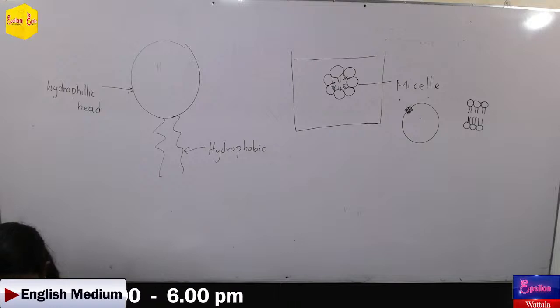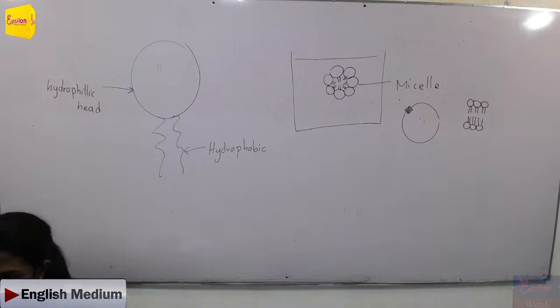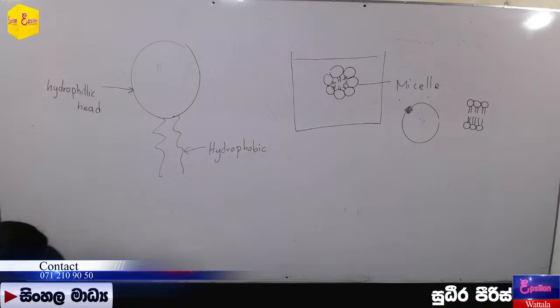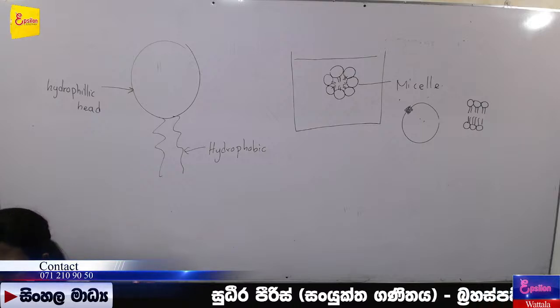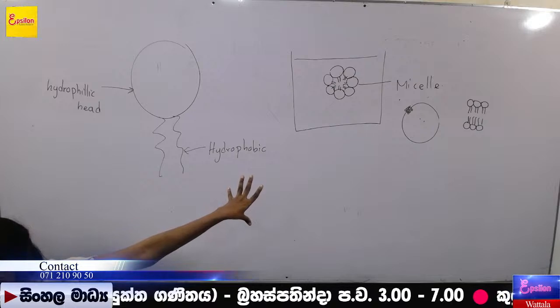Describe the reaction of phospholipid molecules with water. Do they dissolve? No. When you put water and oil together and shake, what will happen? You can see some globules formed there, no? It means that micelles are formed, isn't it? Those globules are the ones that we draw here, right?